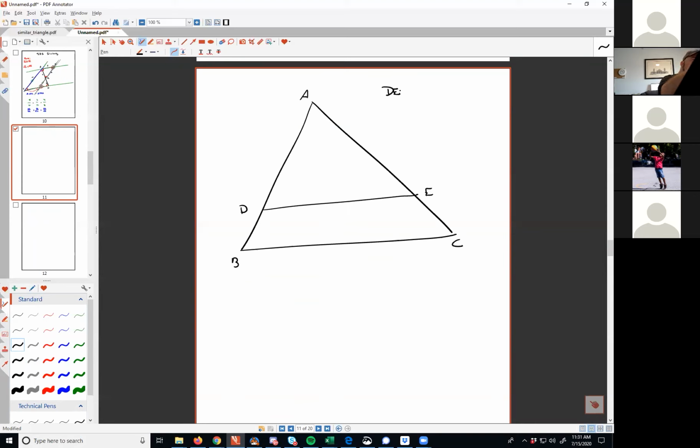And DE in this diagram is parallel to BC.